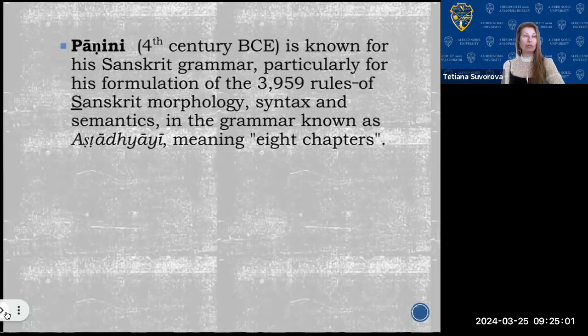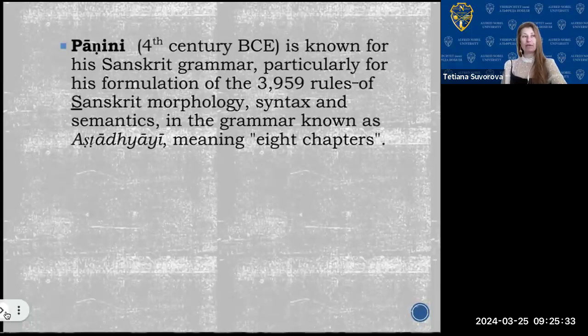covering German, English, Norwegian, and so on and so forth, languages of the Nordic group of languages. Okay, so what is interesting here is that if we speak about the European languages and sciences and their development, then in respect of grammar, theoretical grammar, we can start speaking around the 16th century.